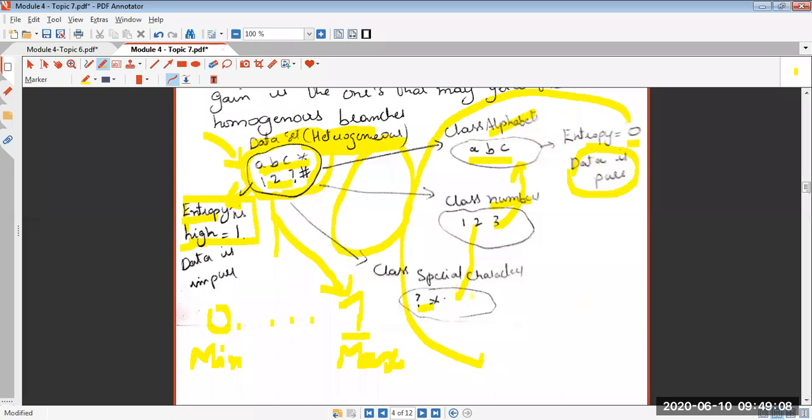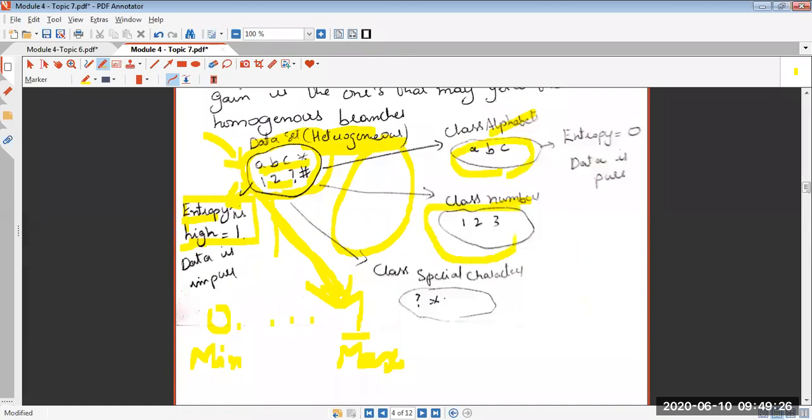So the bottom line here is the data set is heterogeneous, with very high entropy, that is entropy with a value 1. And the data in a class will typically be pure in nature, with entropy 0.